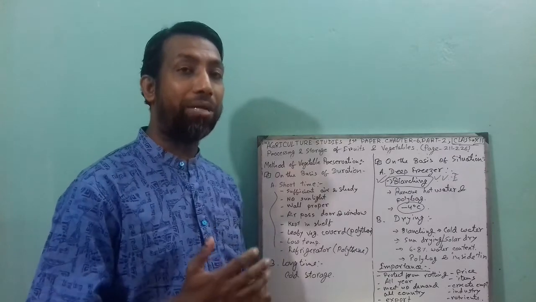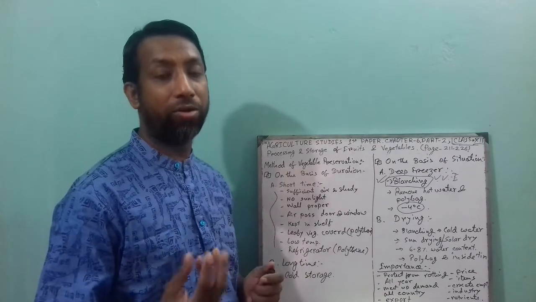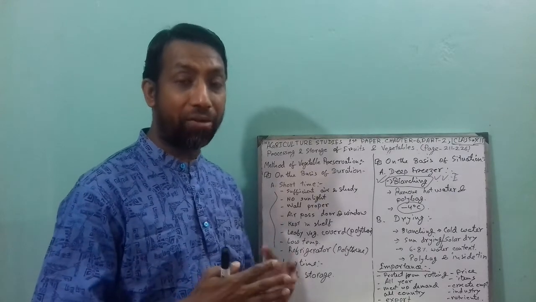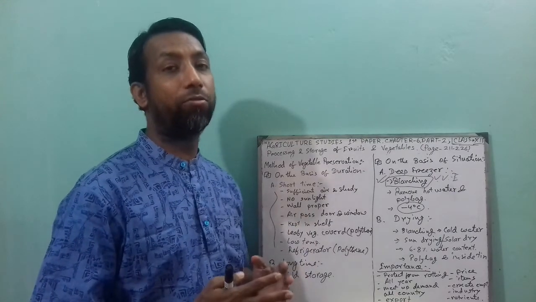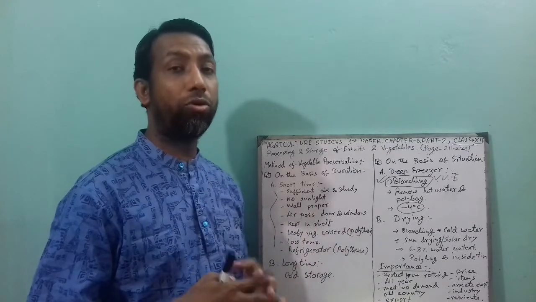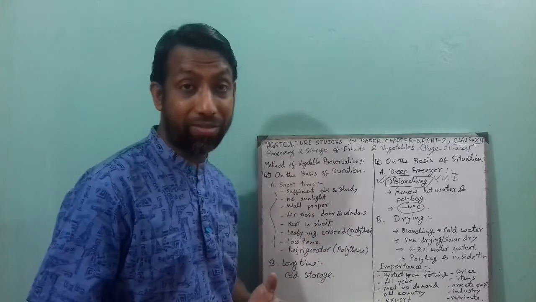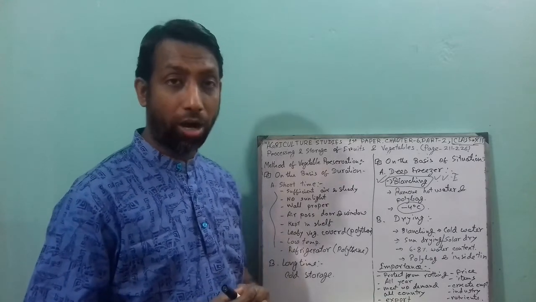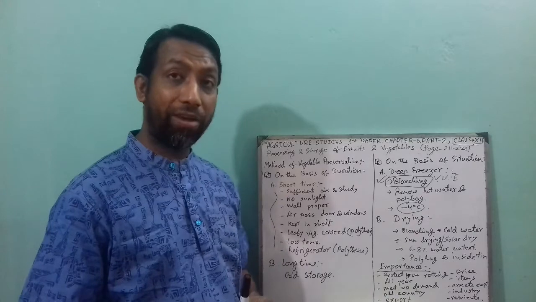Sometimes when you harvest vegetables or fruits, after selling we have lots of extra. If we can preserve that, then the fruit or vegetable does not rot. That is why we need preservation.